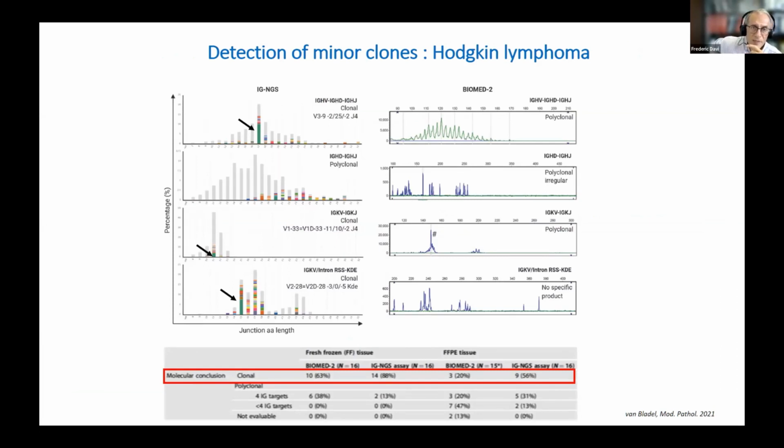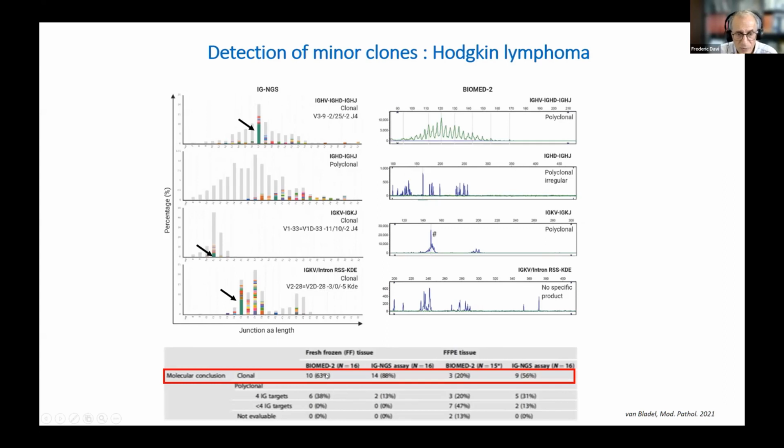But here are 2 examples for detection of minor clones, in Hodgkin lymphoma, where as you know, probably the tumor is a B-cell tumor, but the clone is only a minor clone surrounded by a lot of inflammatory cells. So quite often by GeneScan, you don't see anything. However, in this case, with NGS, you can clearly identify a clonotype on the heavy chain and the light chain.